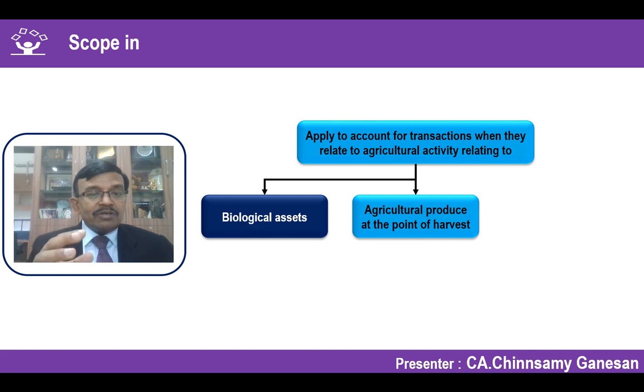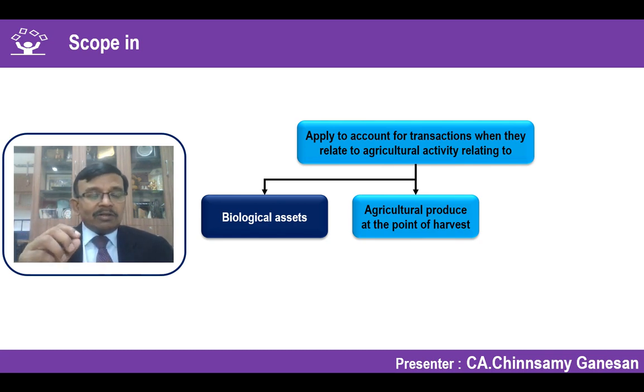Those items are considered bearer biological assets. Examples could be coffee plantation, tea plantation, rubber trees, or even cattle or poultry, where we are talking about parent, grandparent, and great-grandparent. So if you are in that particular industry, you will understand this situation. So a biological asset could be consumable or it may be a bearer biological asset.